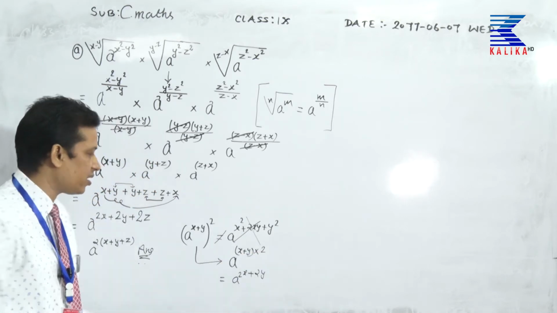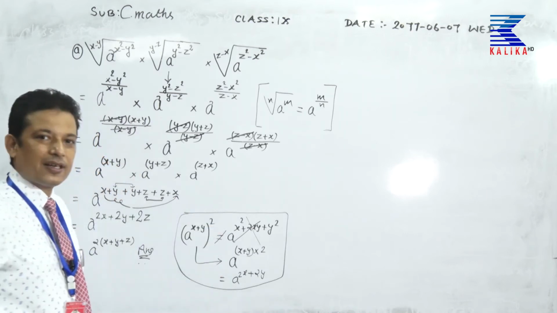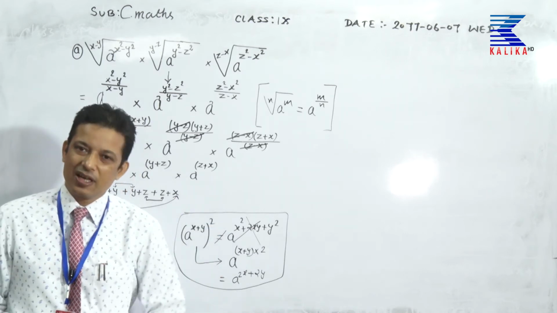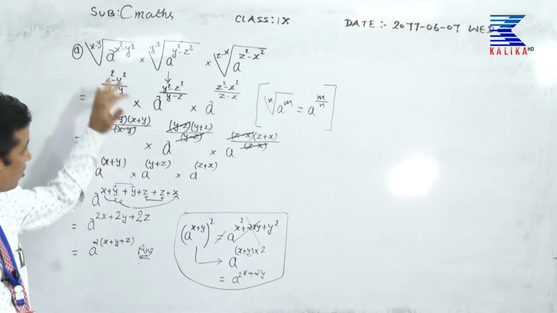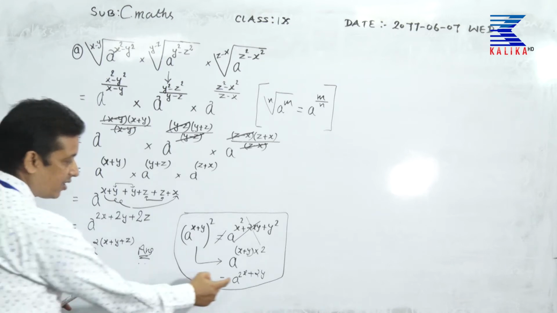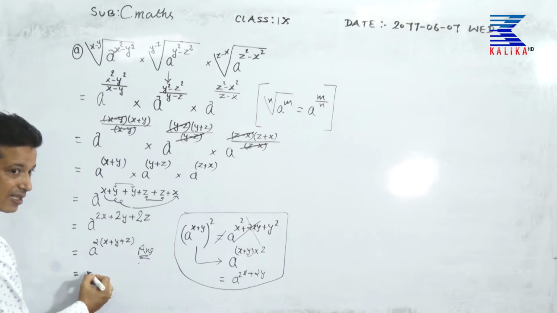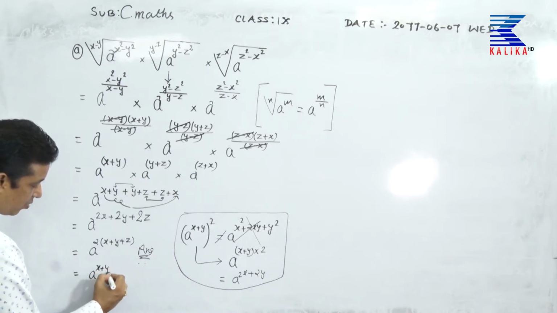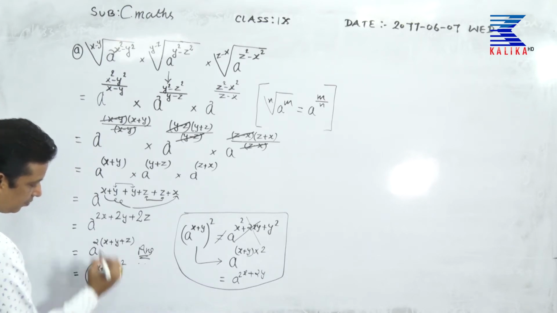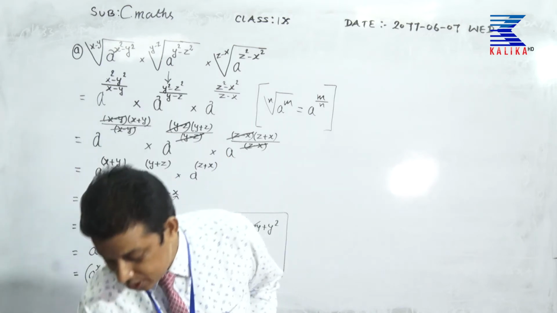This is an important thing you should remember, because this is the place where students generally make a mistake. So, I hope you have understood this, and using this fact for this answer, you can also write it as a to the power x plus y plus z whole square. Okay, this way I have done the first question.